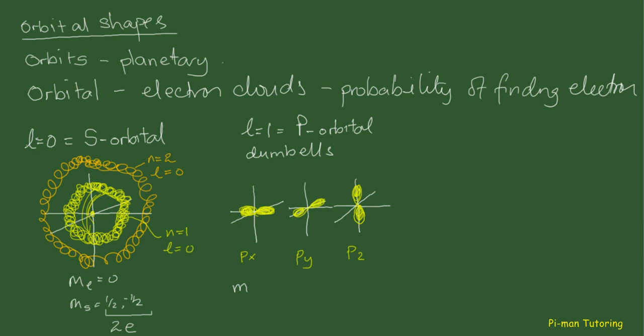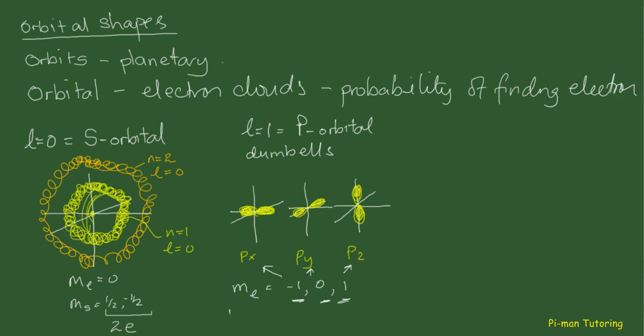And remember that if L is equal to 1, then ML can be equal to -1, 0, or 1. And these three values correspond to these three orbitals.